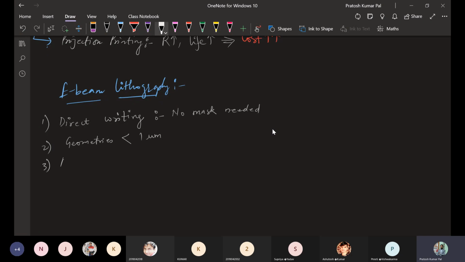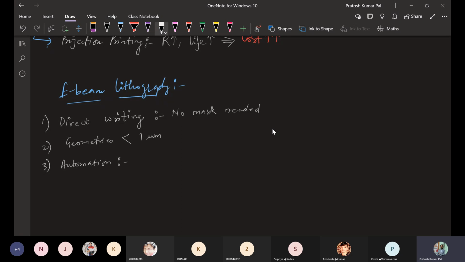Next, it supports automation. As no mask is required, there is no need of alignment of any mask, because in the previous cases we have seen there is a need of mask alignment.